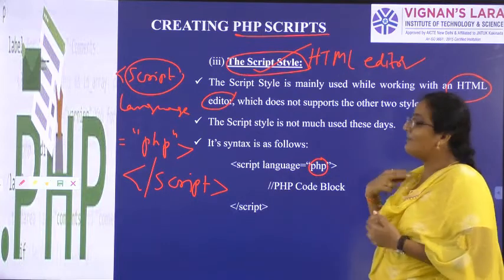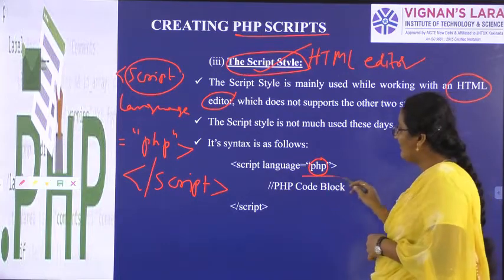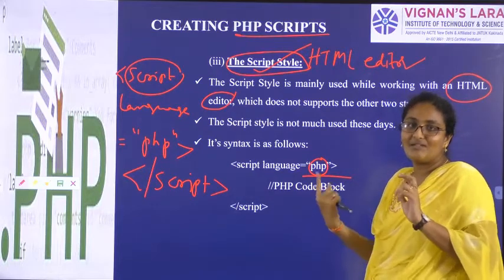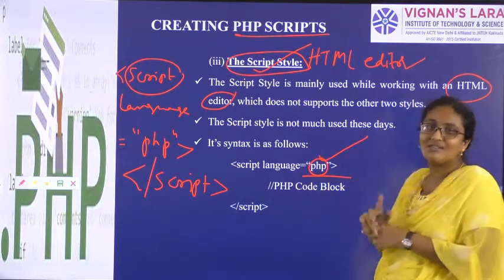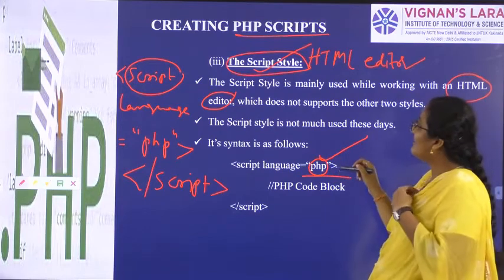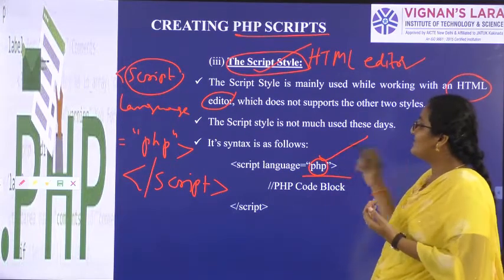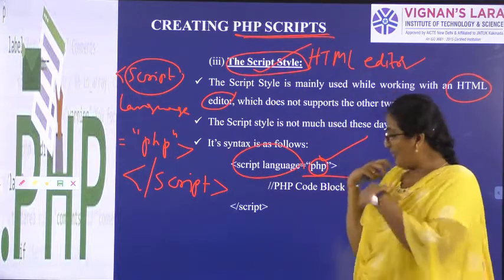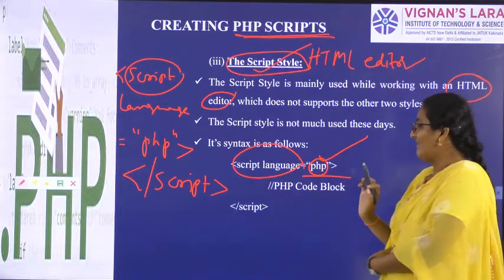Here we are using PHP scripts, so we mention the scripting language as PHP. In the second unit, we used the scripting language JavaScript, so we mentioned JavaScript there. Here our way of representing the scripting language is PHP. We are generating PHP scripts, so I mentioned the scripting language PHP.